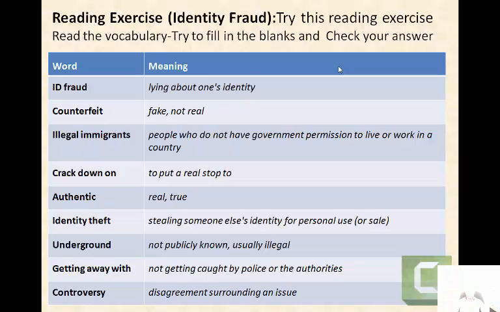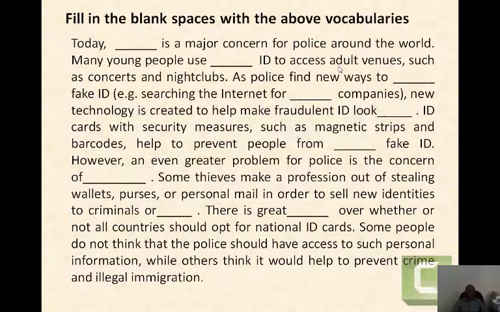This is an exercise whereby you are required to fill the blanks with the above vocabulary. Today, blank is a major concern for police around the world.